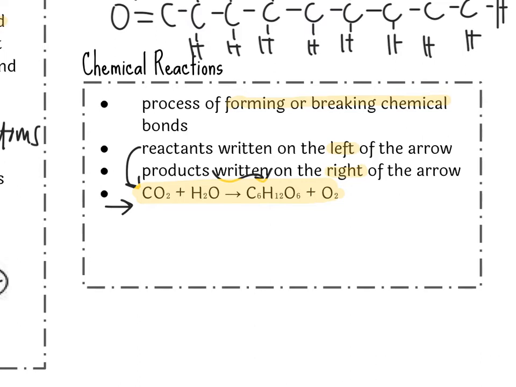This would be CO2 plus H2O, and then this arrow we say yields, meaning it makes it basically. So CO2 plus H2O yields C6H12O6, which I said was glucose, and O2, which is oxygen gas.